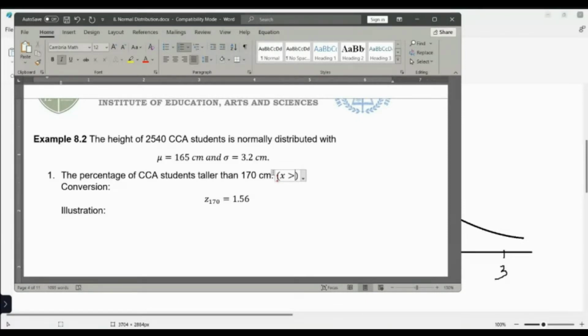With this, you can easily identify which side of your raw score you are going to shade. If greater than, then you should be shading the right side. If this is less than, then you should be shading the left side of your raw score.